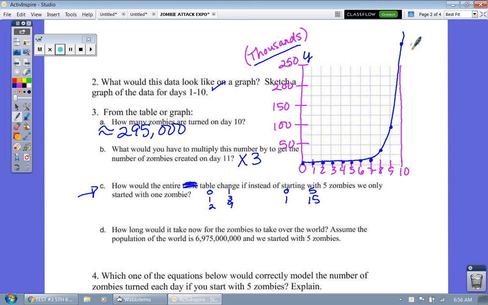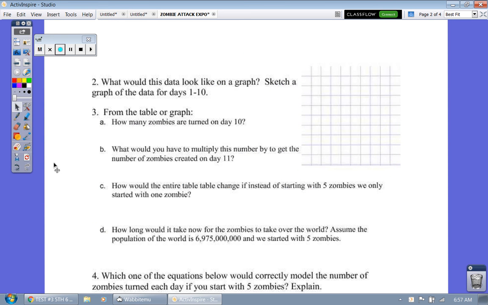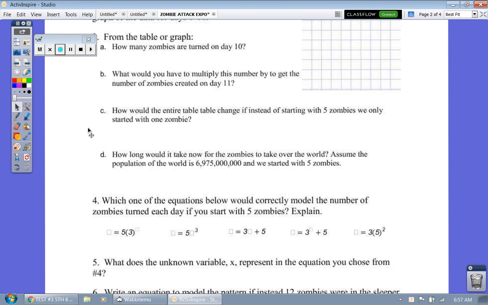Now we're looking at letter D: how long would it take for the zombies to take over the world? I did give you a hint to answer question 4 first before we answer question 3D, because we can use the equation from 4 to answer this question.